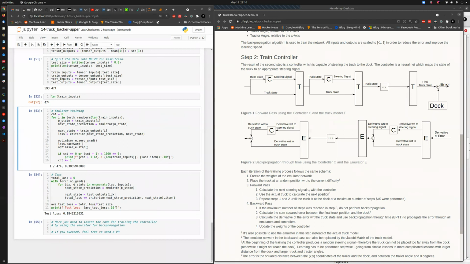So basically what I'm trying to say is that the gradients depend on all the steps which happen in your calculation, right?